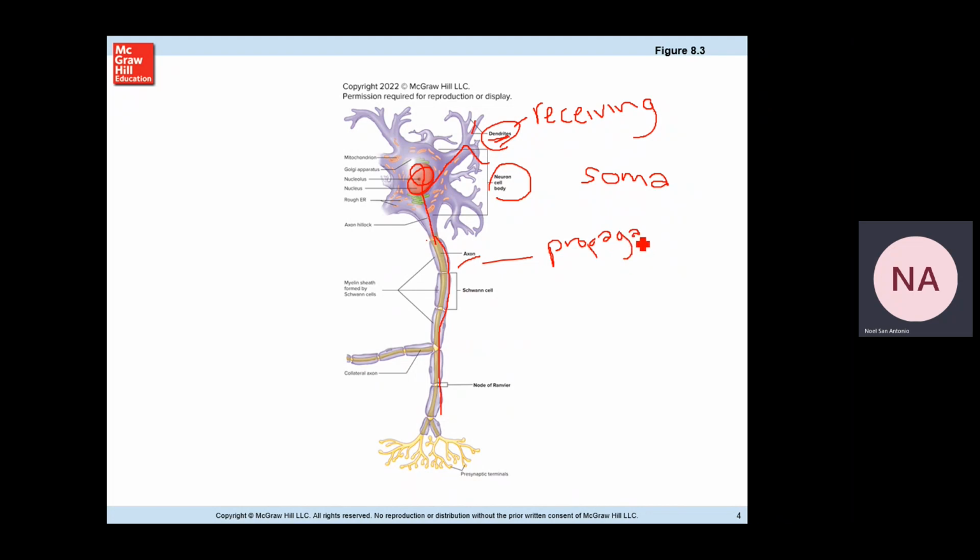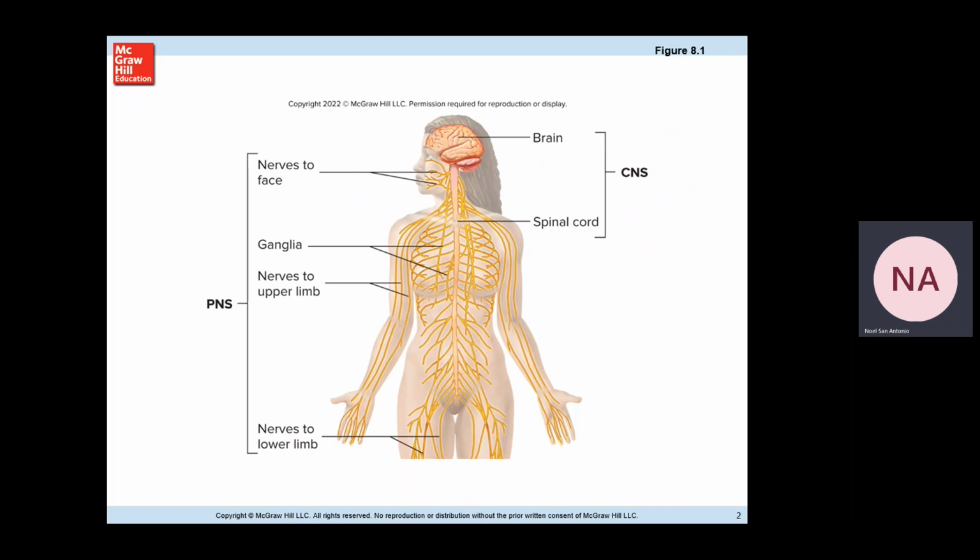Bakit siya yung kailangan mag-propagate? Because it is the axon that travels or that projects to other parts of the nervous system. Di ba? In our nervous system, yung mga action potentials has to be propagated or conducted to other parts of the nervous system.